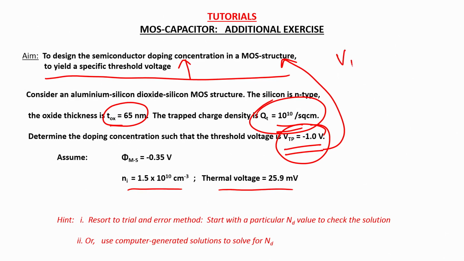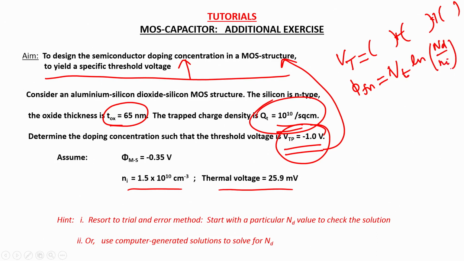You know that this threshold voltage has 3 main components: 2 phi f, the depletion charge component and the flat band voltage component. In each and every expression this doping concentration comes in. For example, V phi fn is nothing but Vt ln Nd by Ni. Since this is an n type substrate, the doping concentration is Nd.